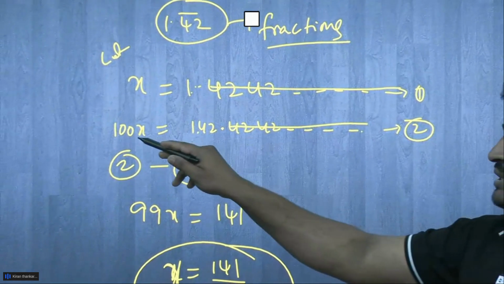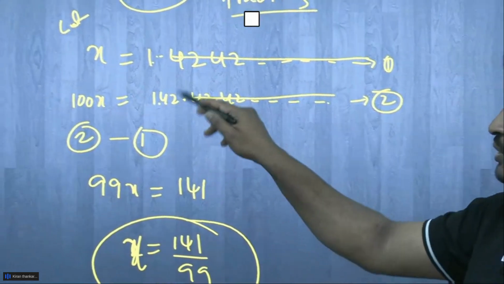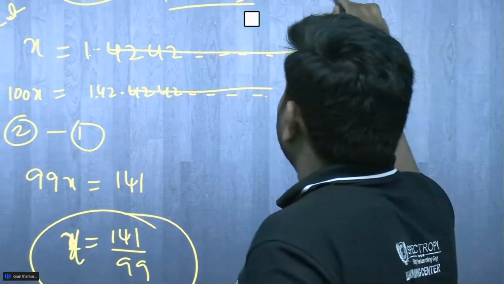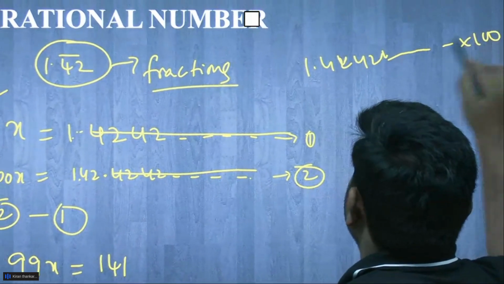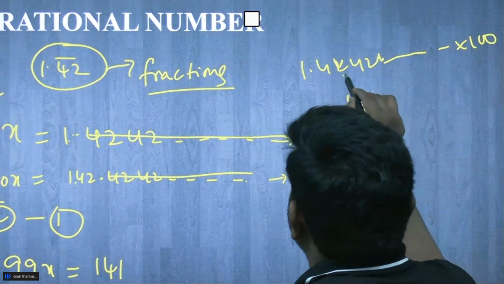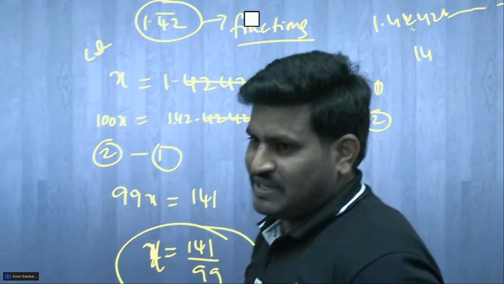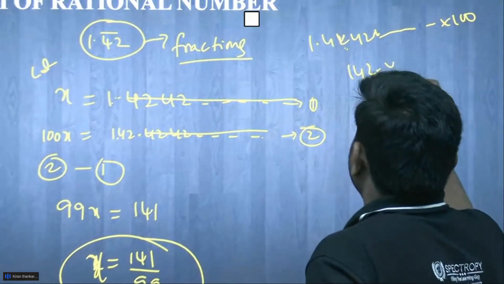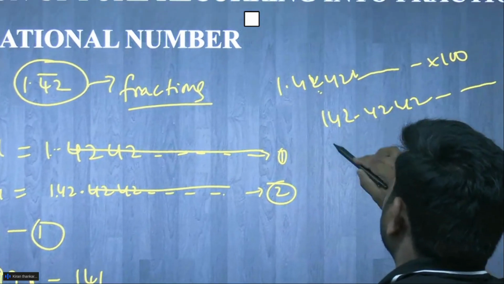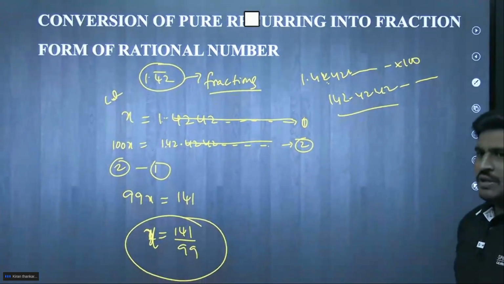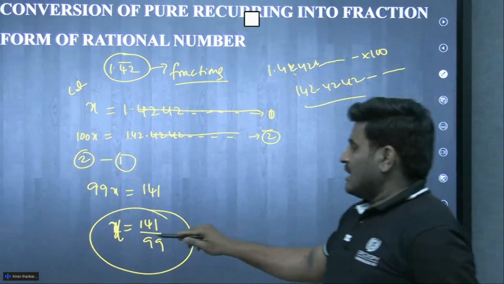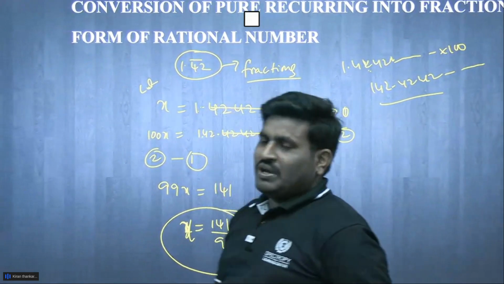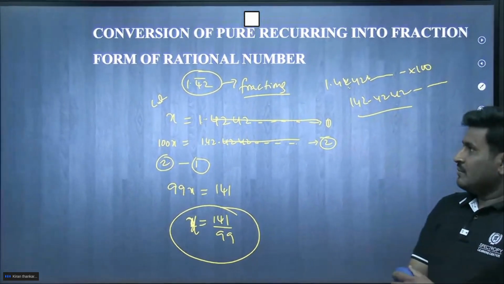When we multiply by 100, the two decimal terms become the units place, so 100x is 142.4242 up to infinity. So x is equal to 141 by 99.